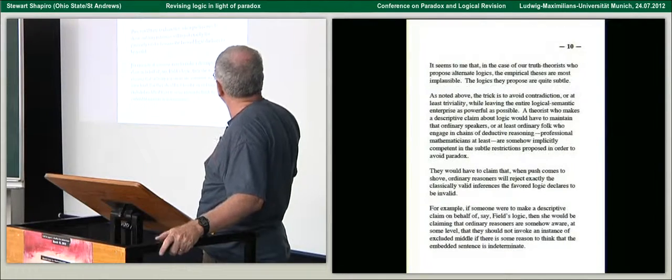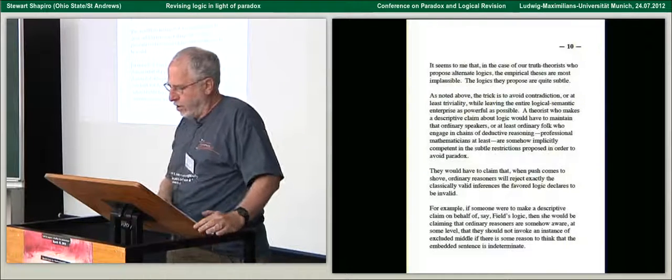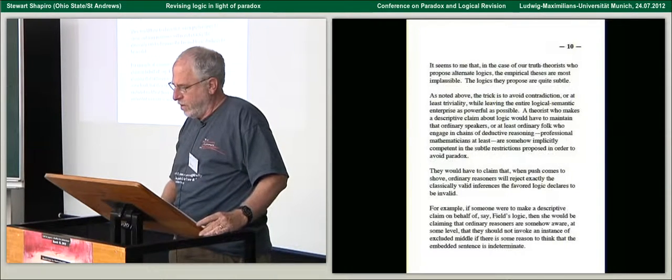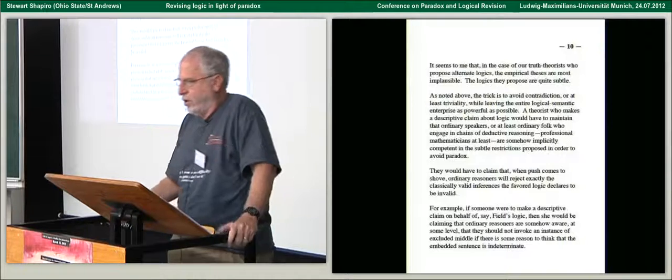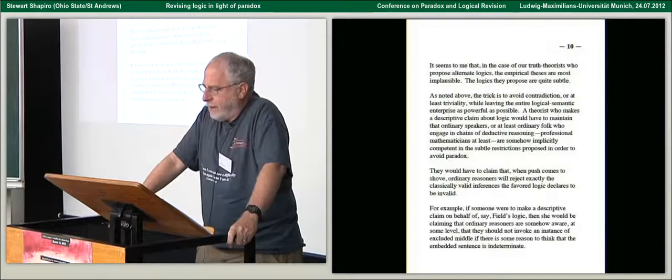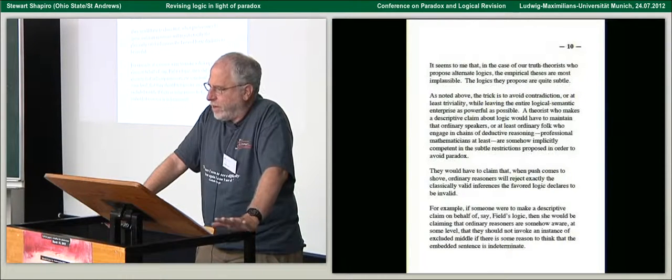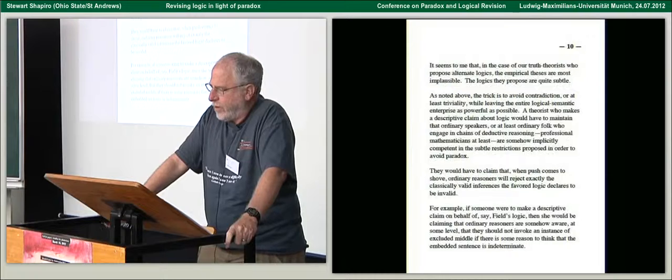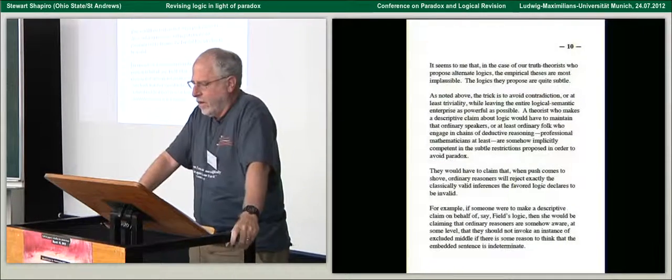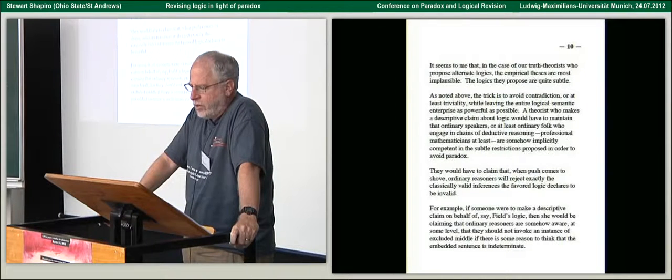All right. Now, it seems to me that in the case of our truth theorists who are proposing alternate logics, the empirical theses are implausible. The logics they propose are quite subtle, well, at least some of them are quite subtle. And as noted, the trick in this enterprise is to avoid contradiction or to avoid triviality, while leaving as much of the entire logico-semantic enterprise as powerful as possible.